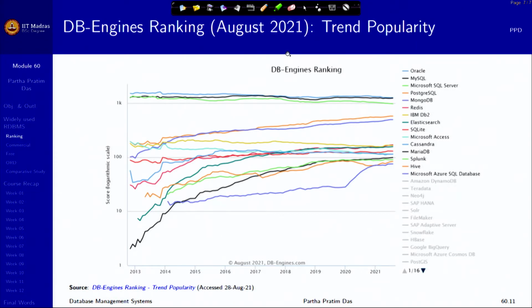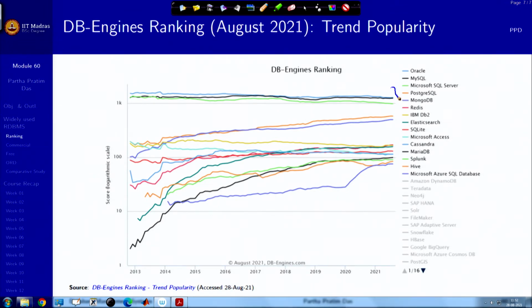And if you look at the trend data of all databases, again you will observe interesting things, like on the top the clutter is with the relational databases, followed by MongoDB here. This is the one, and the red is somewhere below that, right.